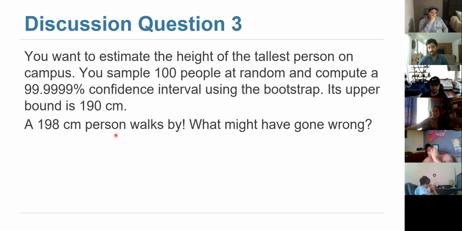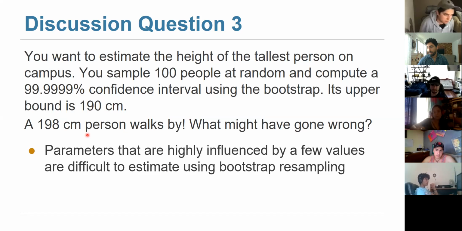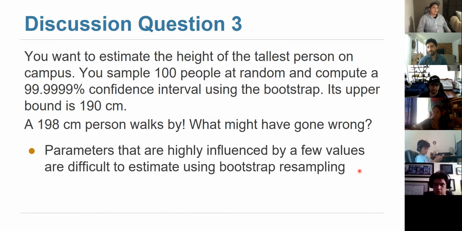And one person around 198 centimeters walks by and you say, what just happened? What went wrong here? Basically, parameters that are highly influenced by a few values are difficult to estimate using bootstrap resampling.